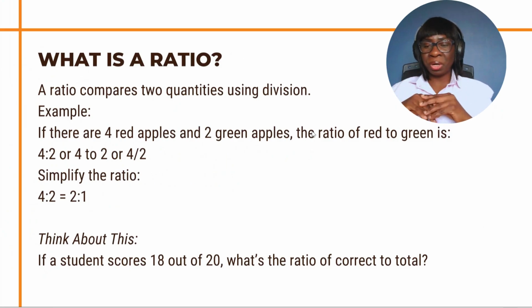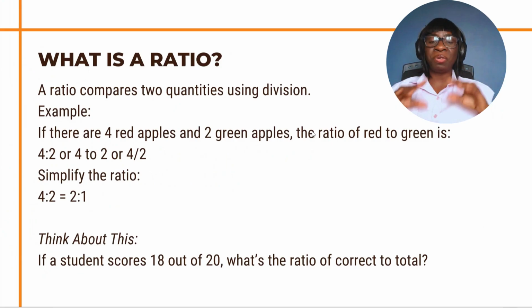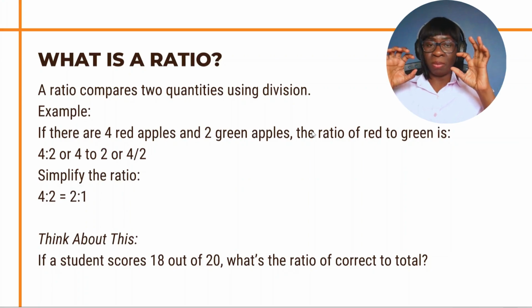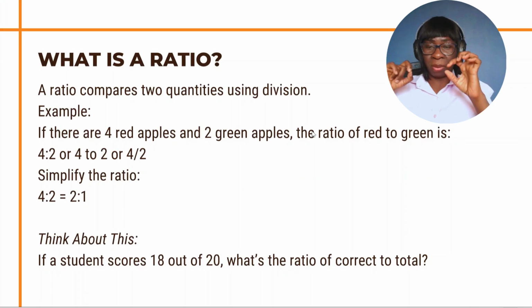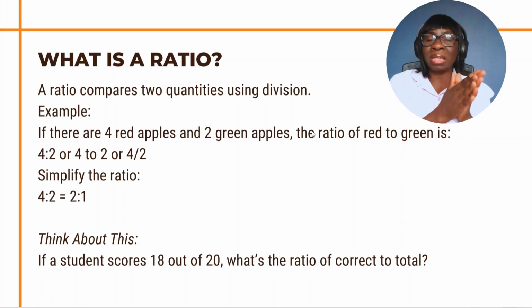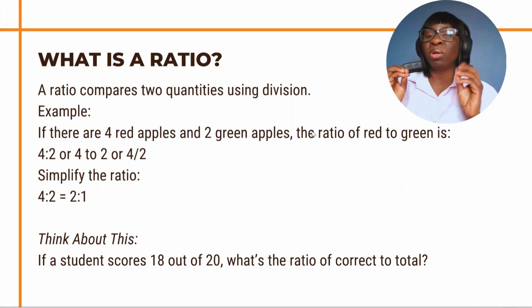An example of a ratio is this: if there are 4 red apples and 2 green apples, the ratio of red to green will be 4:2. So if you are being asked what is the ratio of red apples to green apples, that means you will be writing the quantity of red apples before you write that of green apples, and then you must simplify it.